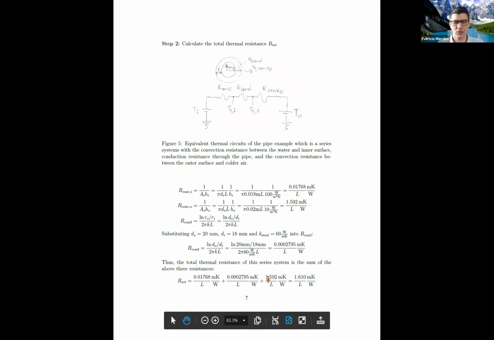If you show these results to your boss and he says, okay, I want a better number, if you're going to make an effort to get a better prediction, you might want to sharpen your pencil on how to calculate convection outside the pipe as well as you can, because these other two are very small. 10% error here is 10% error overall, but 10% error in either of these two translates to a very small percentage of error.